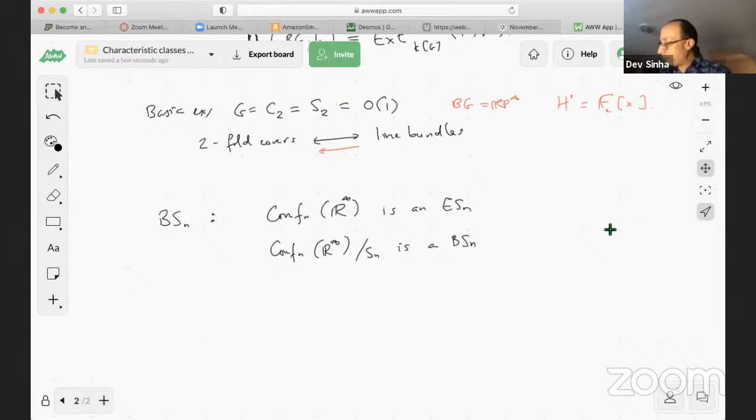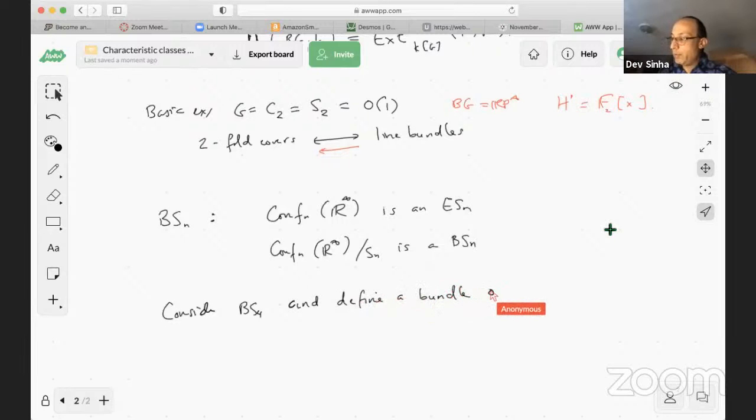And so let's give a concrete example. Let's consider BS4, and define a bundle over it through the regular representation, really thinking of Sn through permutation matrices.